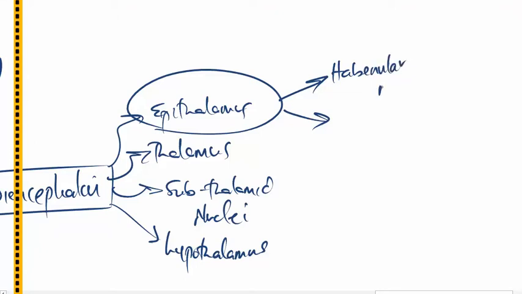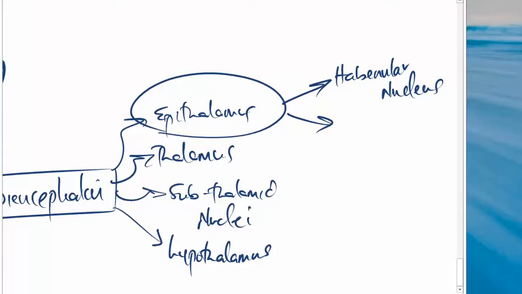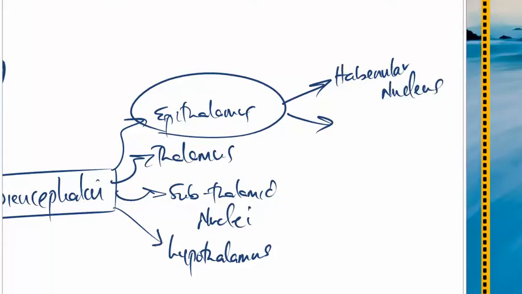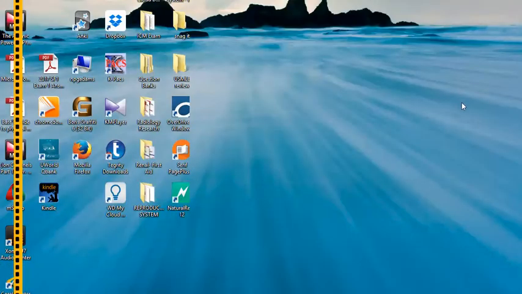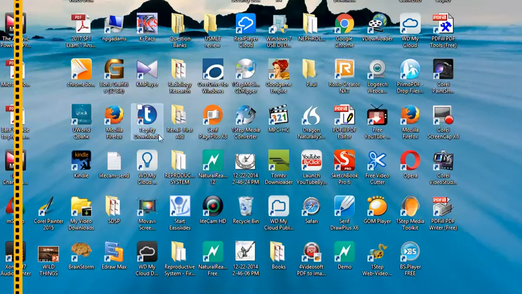Yeah, habenular nucleus. And then what was the other one? Yeah, the pineal gland. So what did the pineal gland secrete? Okay. And what was the function of the melatonin? Okay, sleep-wake cycle.